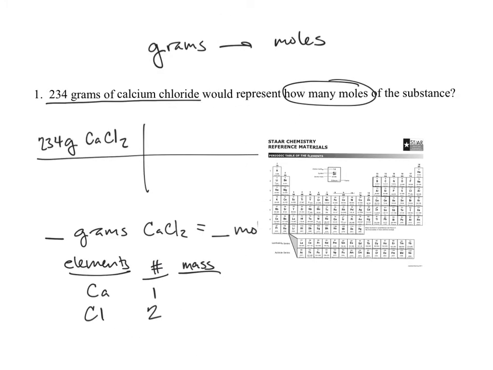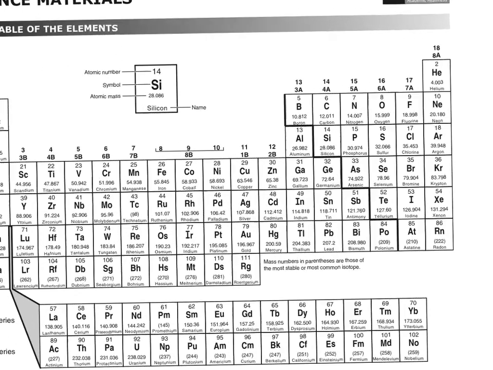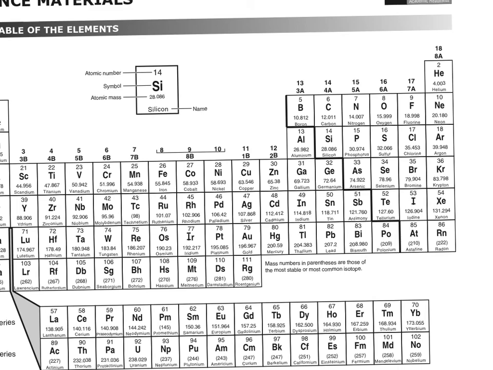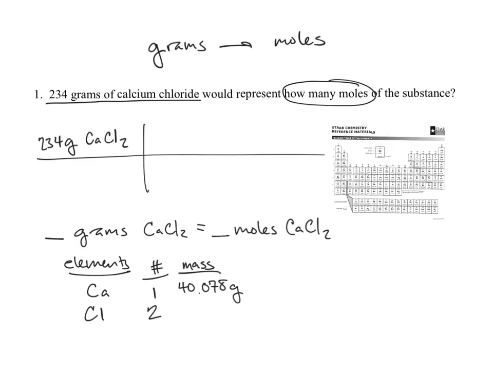So we write that down for calcium, 40.078, and that is in grams. And then chlorine, way over here, is 35.453 grams. Now with those 2 numbers, I multiply.